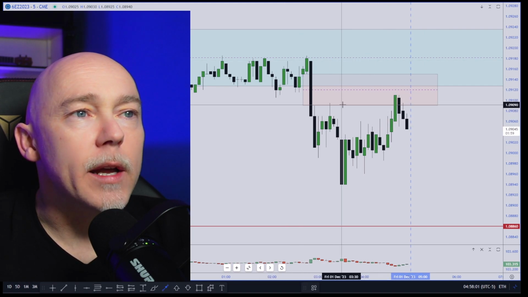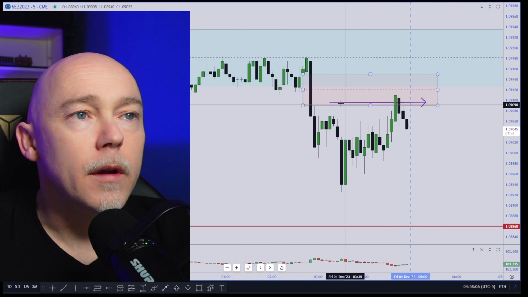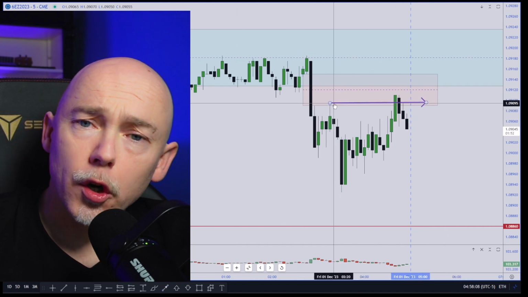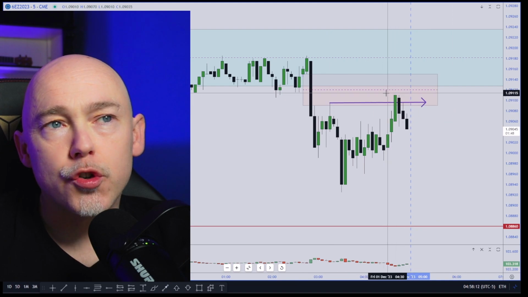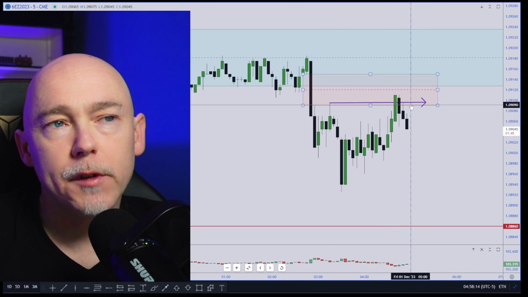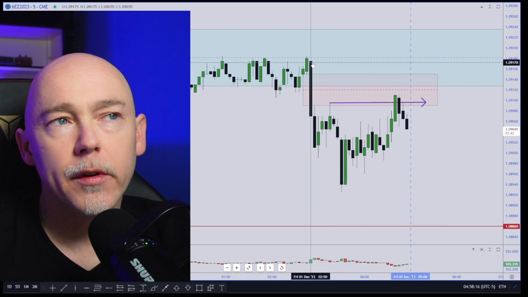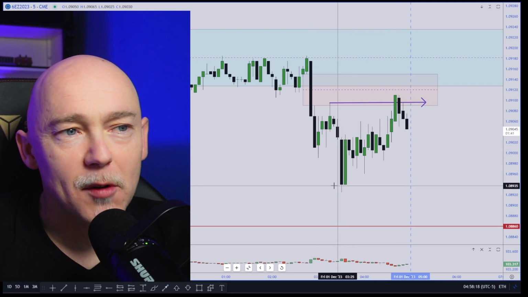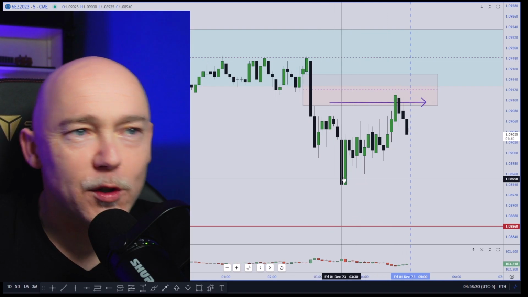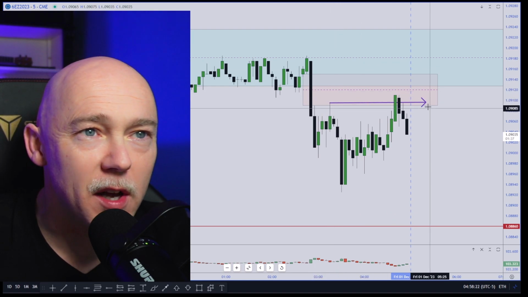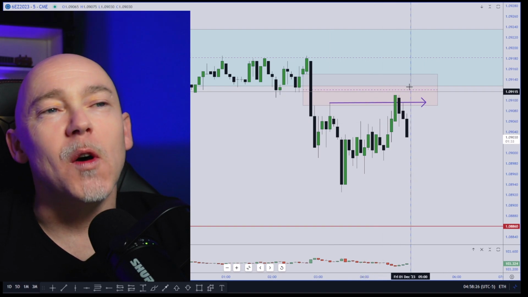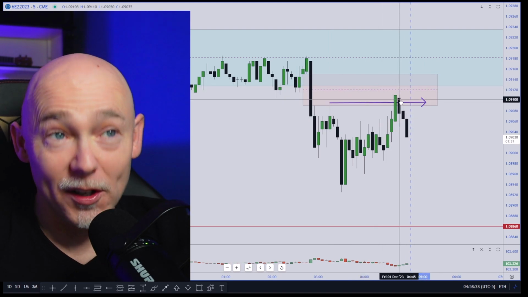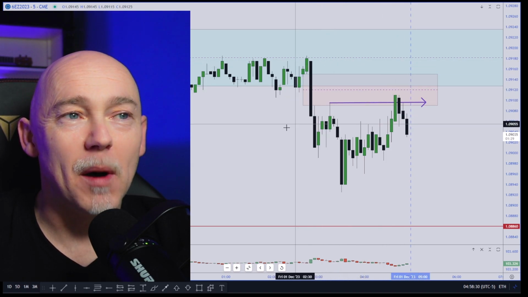If you see the way we've taken out this high, that's what I would call an internal liquidity sweep. Okay, a little trick that can be played quite often in the market that can stop you out if you're in a trade and price is down here and you're in profit and you're holding a trade and you move your stop loss above this high and then, I've been stopped out. So to avoid that, you need to have your stop up higher.